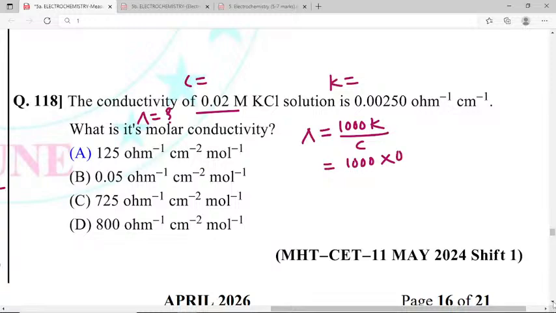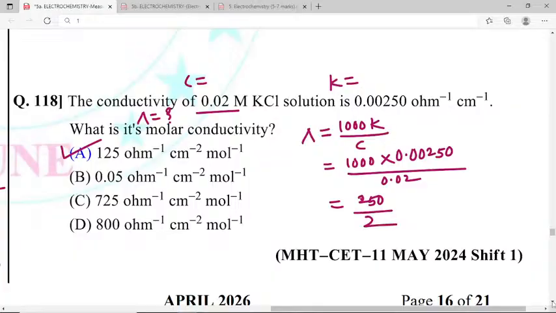K is 0.0025, whole divided by C, 0.02. Point shift, we'll get the answer 125. 250 divided by 2.